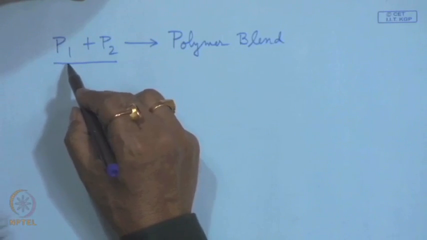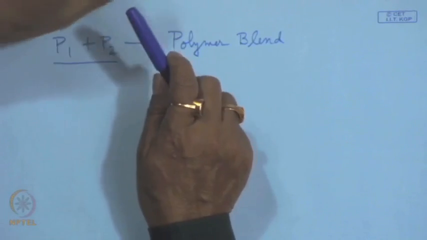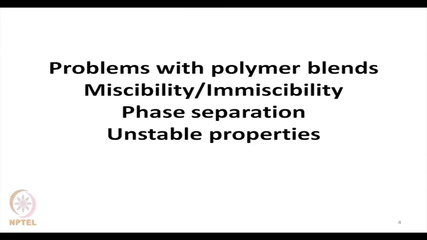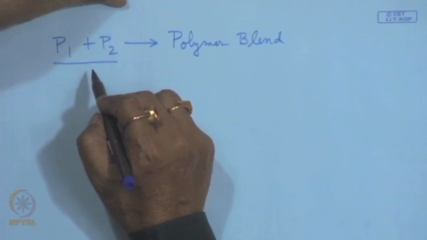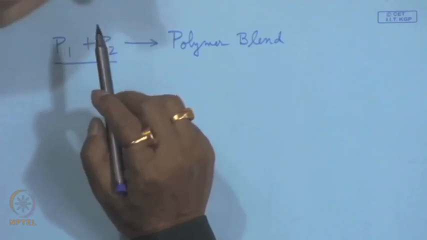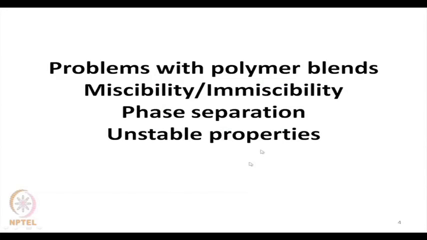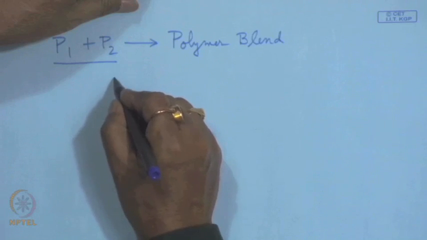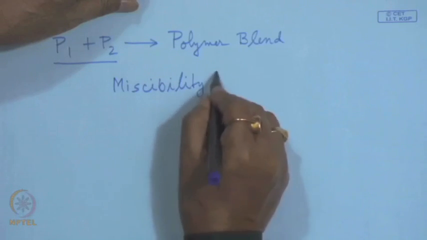What is the nature of polymer 1, what is the nature of polymer 2, how they are mixed, after mixing how they show the properties, or what about their phase, two different phases of polymer 1 and polymer 2, all these things are to be considered. In that angle, we have to discuss the miscibility and immiscibility of the component polymers.